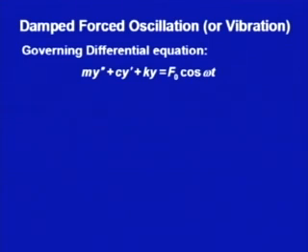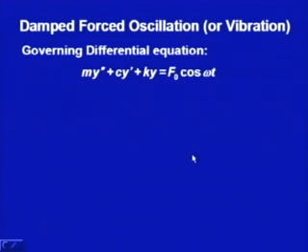The second order differential equation for this system was my'' + cy' + ky = F0 cos(ωt). Do you remember that we have taken this kind of force as an example, F0 cos ωt, the driving force, and we want the system's response corresponding to this force.